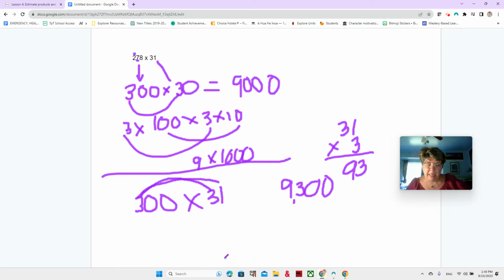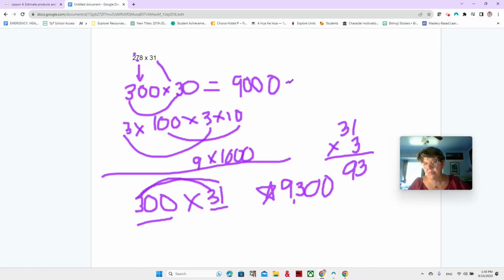All right. Now, do we think that our estimate is greater than or less than the actual product? All right. Well, here we rounded this one up, but we rounded this one down, right? Here we didn't round this one at all, but we rounded this one up. So this one is probably greater, right?